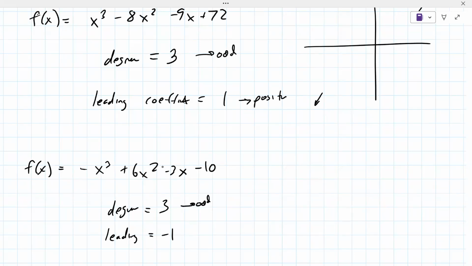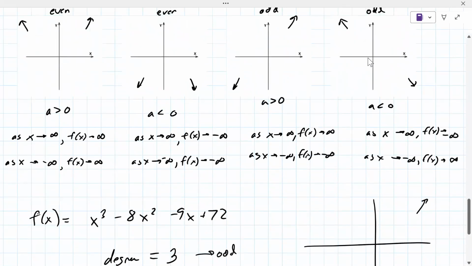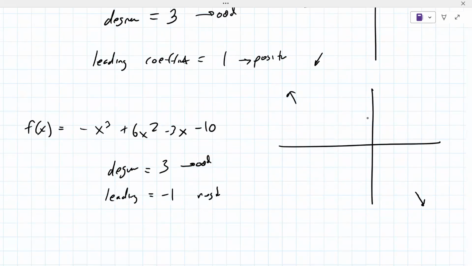So we have odd, we have negative. So if you go back to our reference, that's this one on the right. So you go boom and boom, and you get it. All right. Any questions on that before we start working on some problems again? Nope. All right.